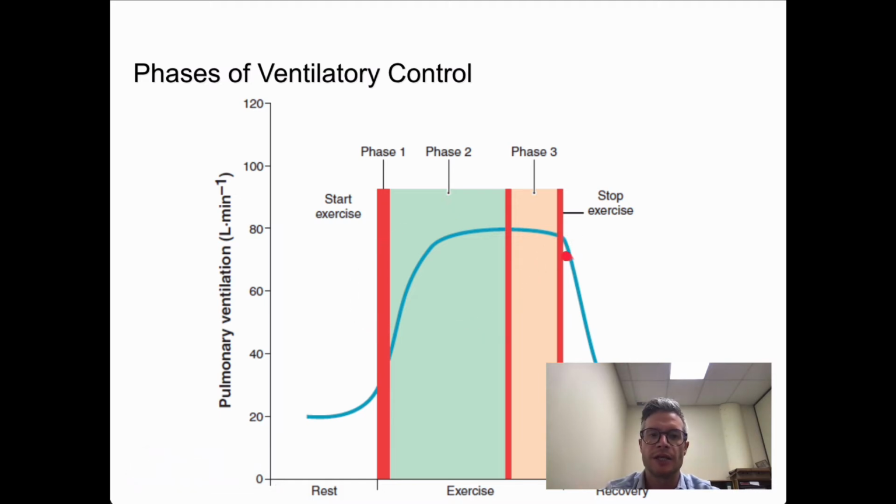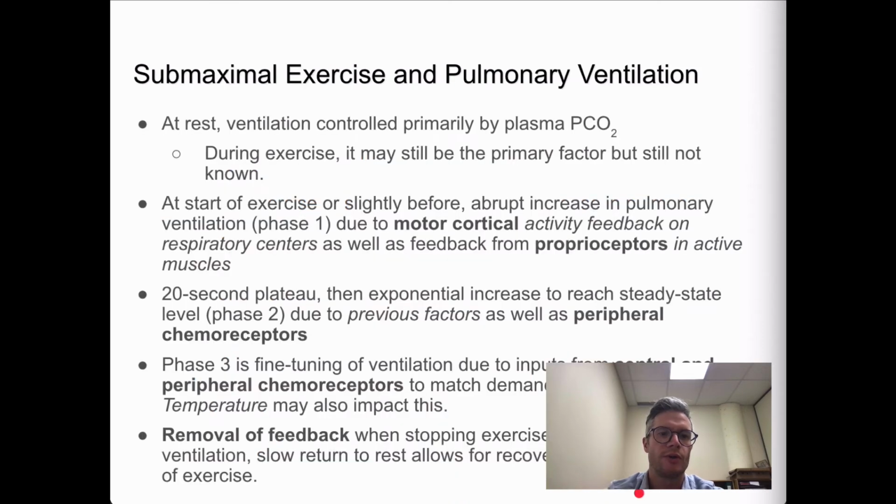Once those are eliminated, as far as accumulating and increasing our ventilatory rate, that's when we start seeing a decrease in our pulmonary ventilation. We remove those signals. At rest, just to touch on carbon dioxide, the partial pressure of carbon dioxide is what sets our rate at about 20 liters per minute.